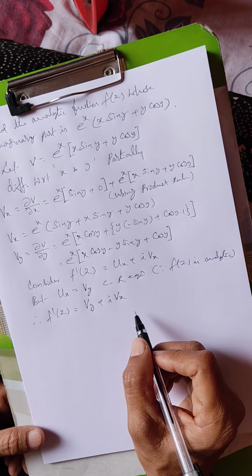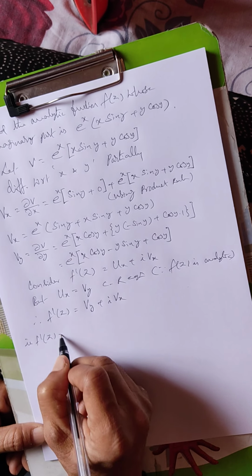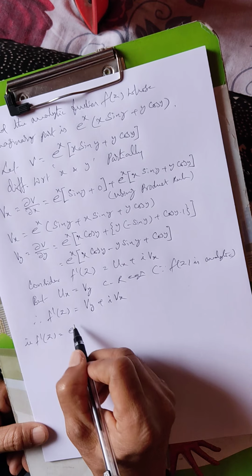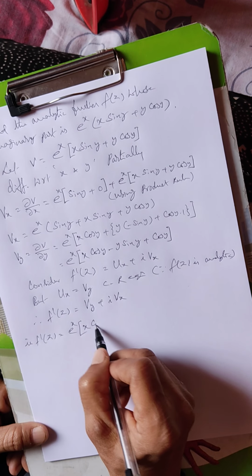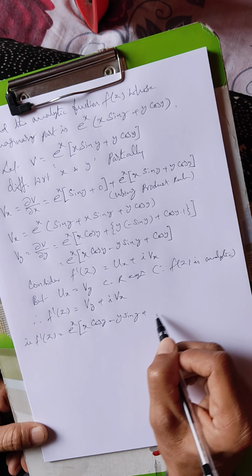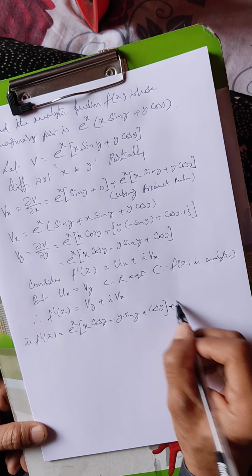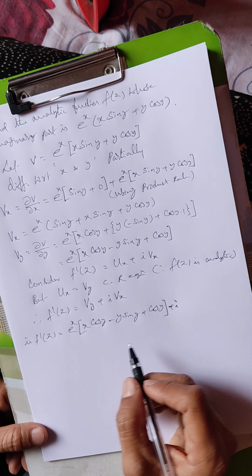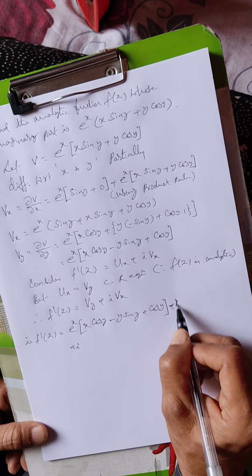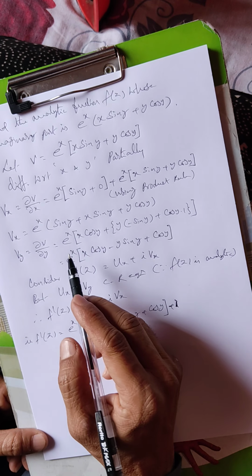Now let us substitute the expression for Vy and Vx. That is f dash of z is equal to Vy. Vy is e power x into x cos y minus y sin y plus cos y, plus i into Vx.